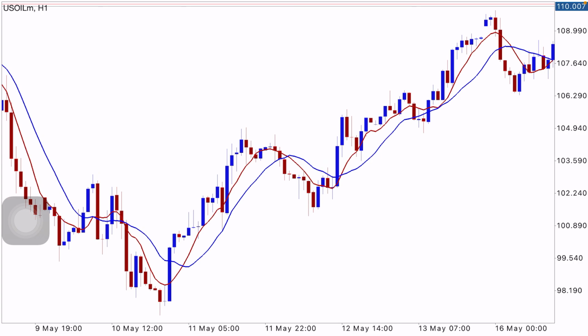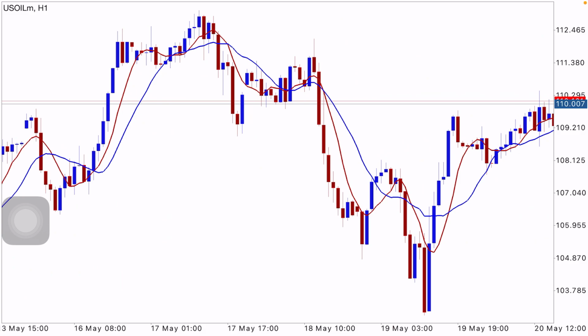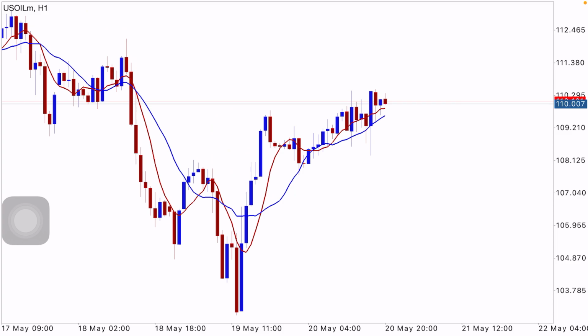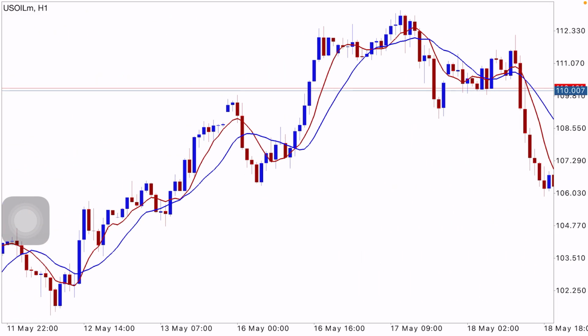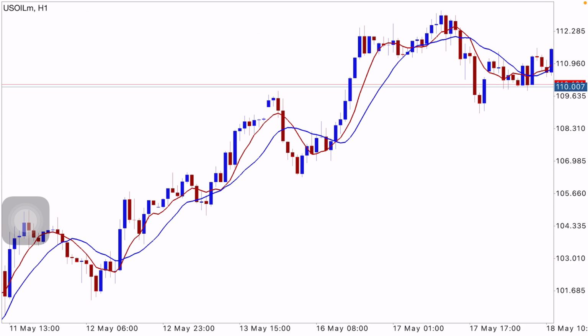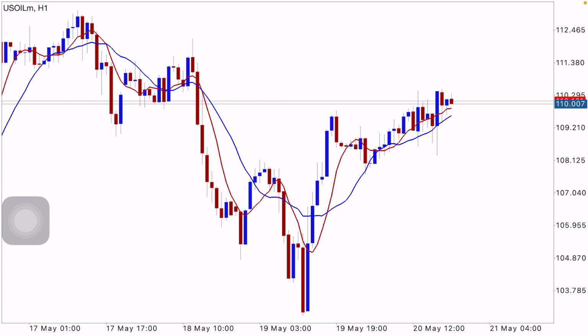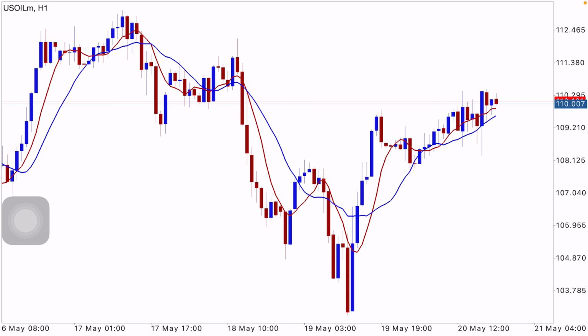The 7 moving average moves faster than the 14 moving average because its period is smaller than the period of the 14 moving average. As I told you earlier, the smaller the period, the faster its movement. 7 is smaller than 14. Hence, the red moving average on my chart, as I have customized it, will move faster than the 14 moving average.